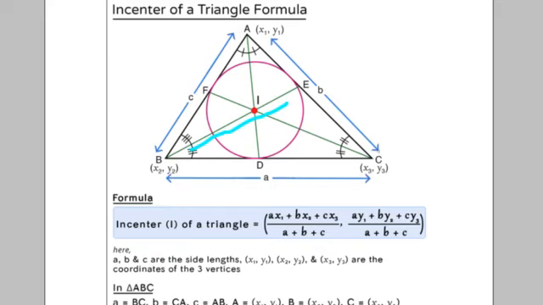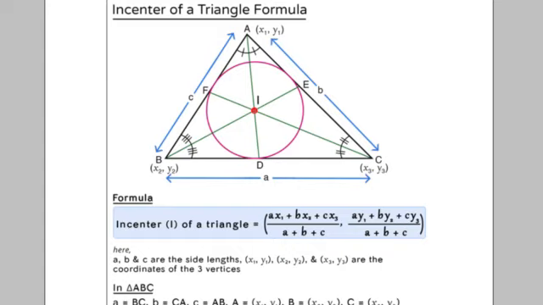Similarly, CF is the bisector of the angle ACB, and AD is the bisector of the angle BAC. So the incenter is the intersection of the bisectors of the angles of the triangle.